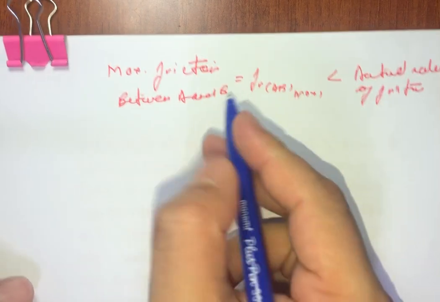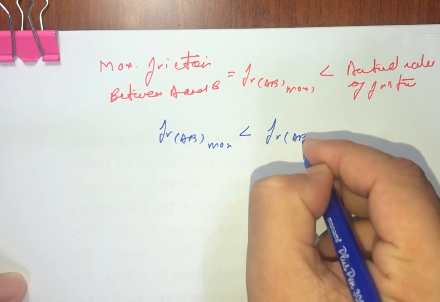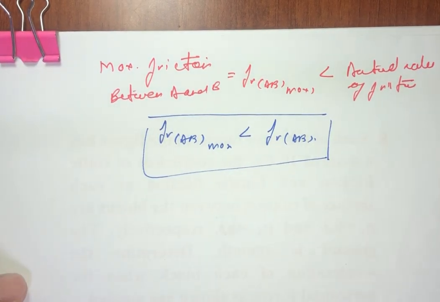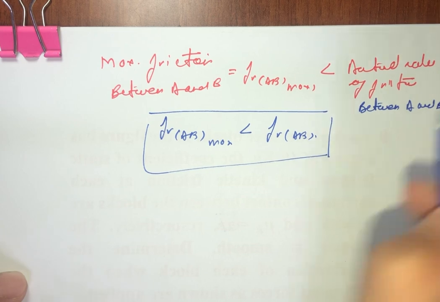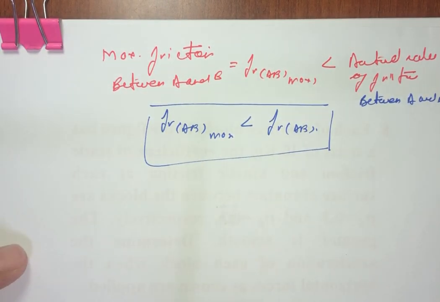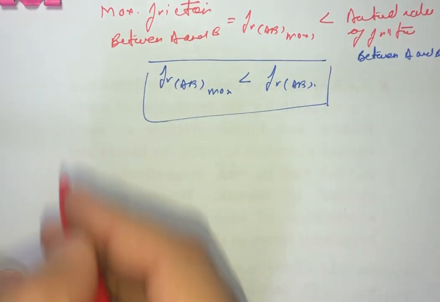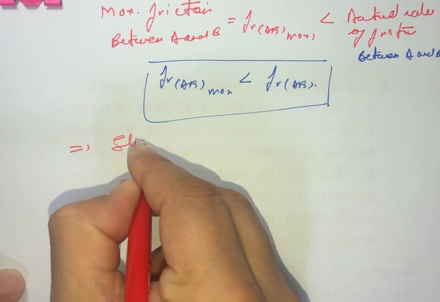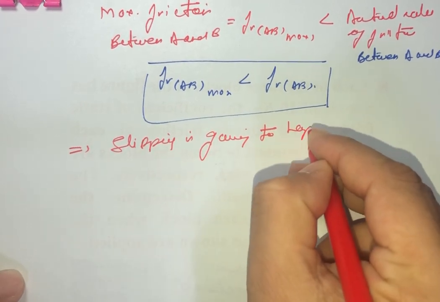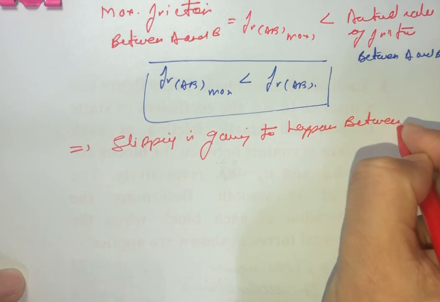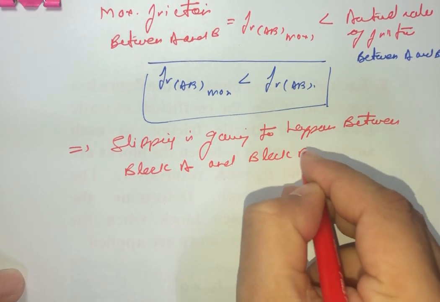In simple terms, FRAB max is less than FRAB, the friction between A and B. So based on this condition, we can clearly see that block A is going to slip over block B. From here we can say slipping is going to happen between block A and block B.